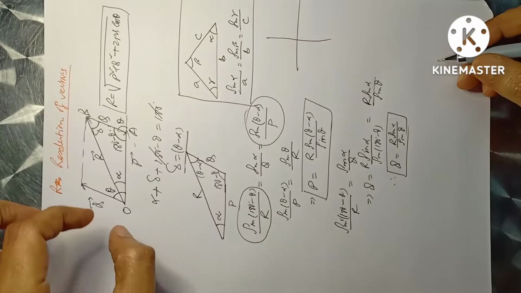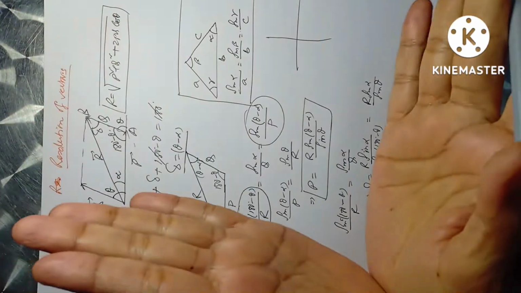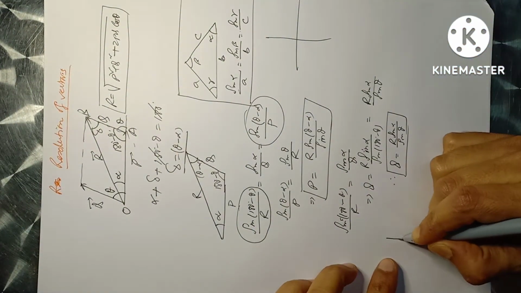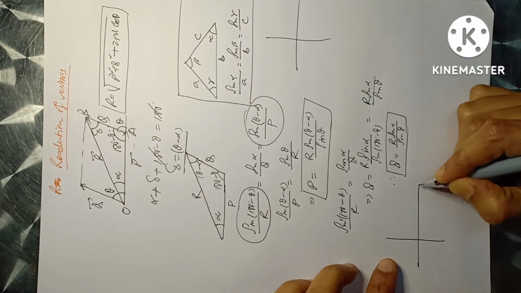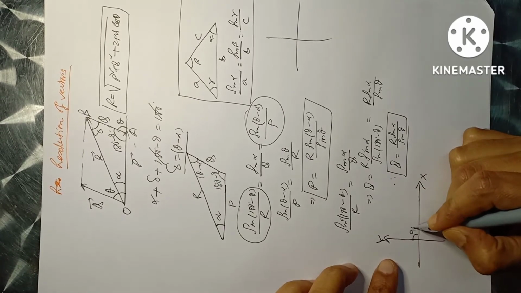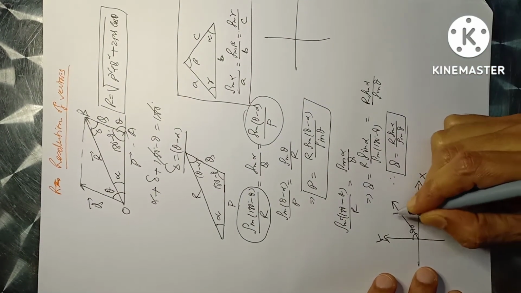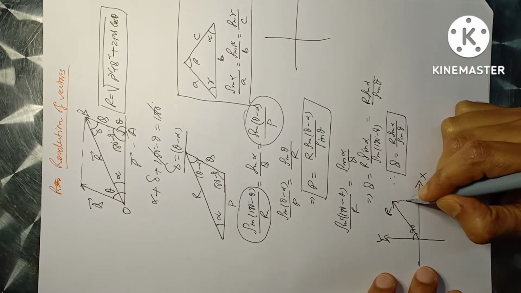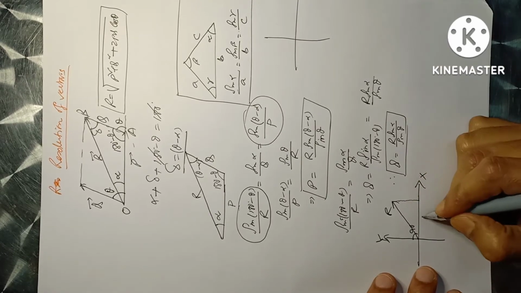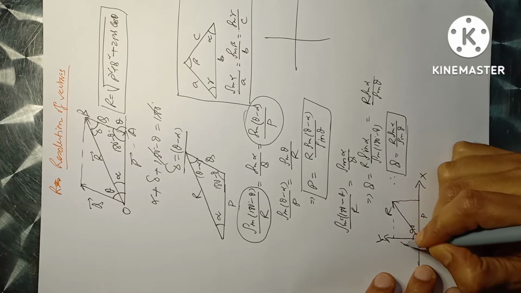So suppose this theta is 90 degrees. We want the resolution of a vector into perpendicular components. In the coordinate system, along x and y these two are at 90 degrees. Let us consider a vector r along this direction. Then the component of r along x is p, and the component of r along y is q.